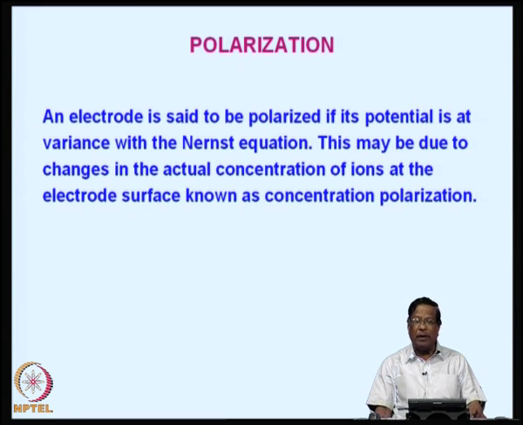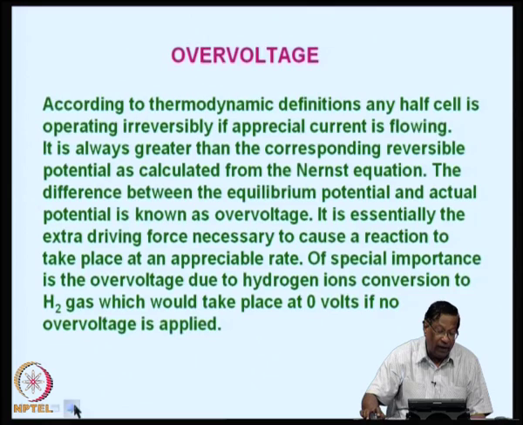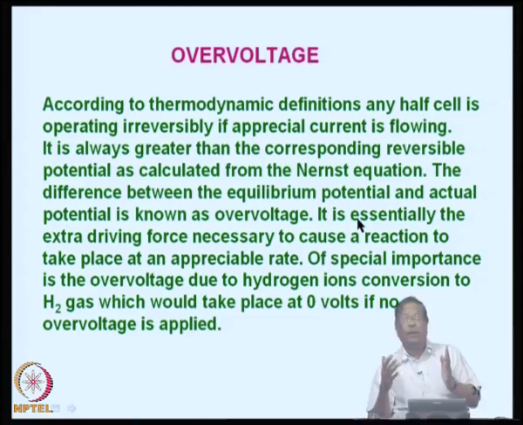I wish you spend more time to understand this concept, and I also refer you to some standard textbooks. If you see any variation from the applied voltage that you are expecting, it means there is some polarization. You give additional potential, but the reaction does not occur.